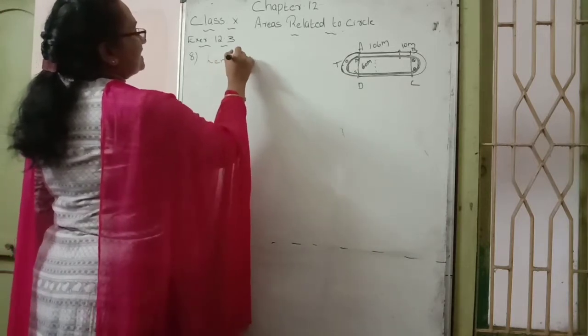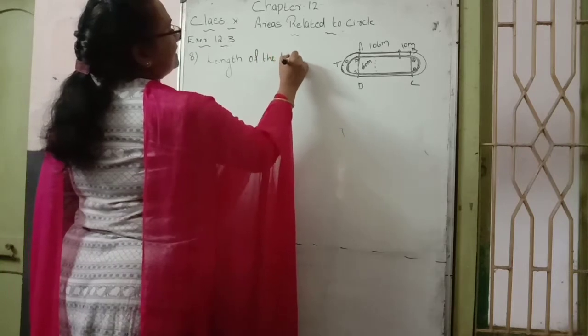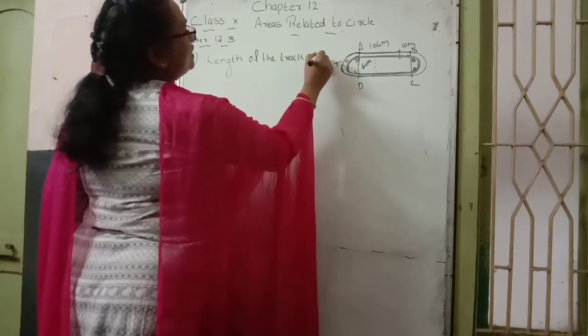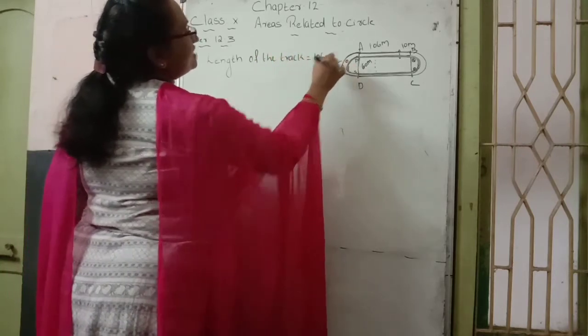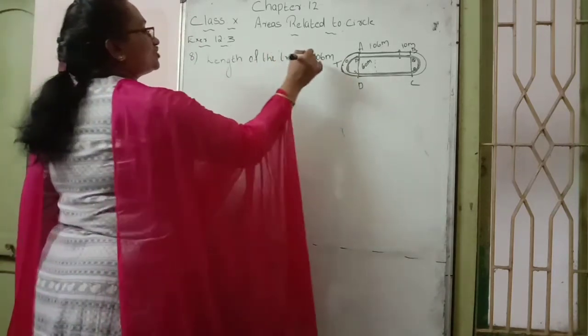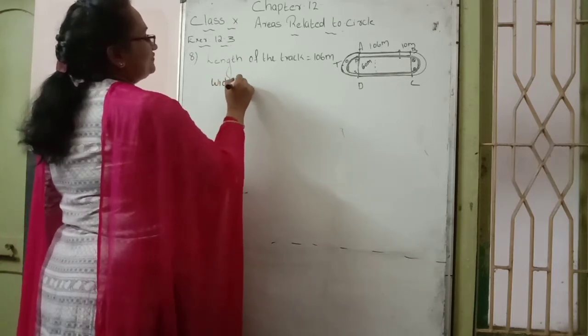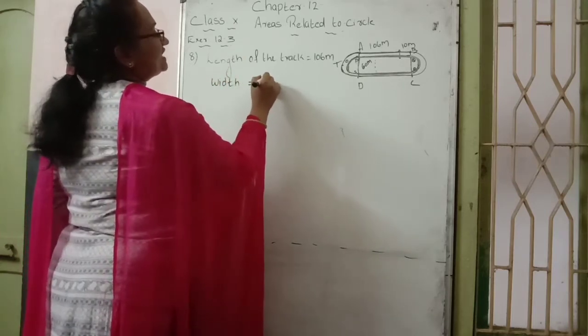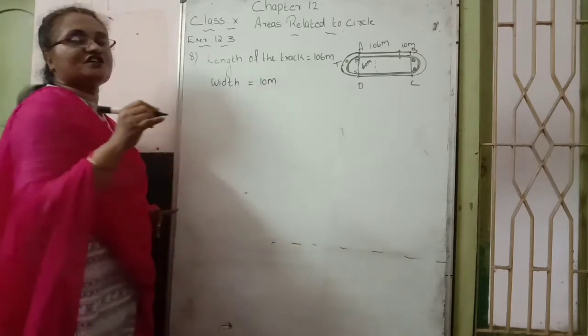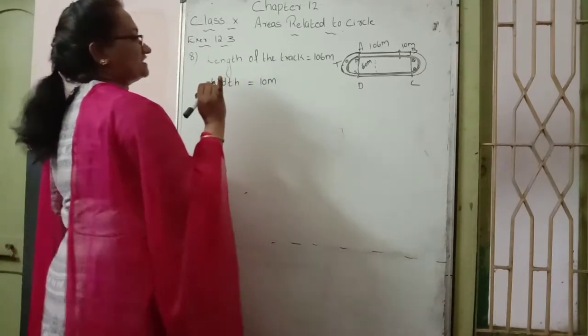The length of the track is given as 106 meters. The width of the track is given as 10 meters. That is also given in the question.